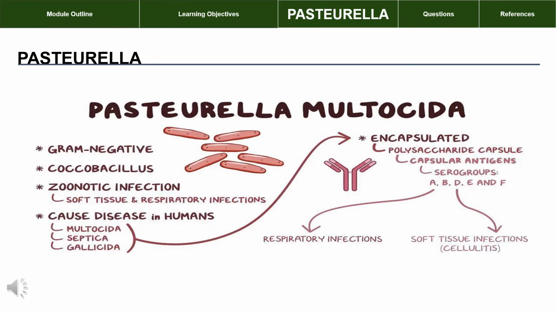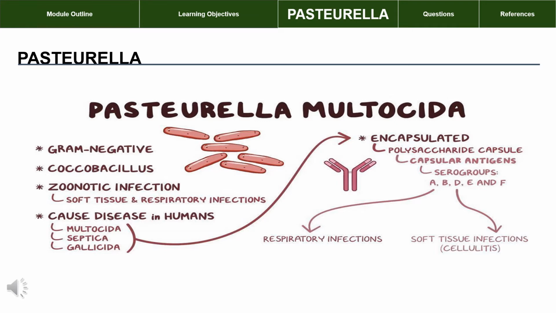This is a summary of Pasteurella multocida. It is gram-negative, it is a coccobacillus, it is a zoonotic infection affecting the soft tissue and the respiratory tract. It causes disease in humans as well. What causes the disease in humans are the three subspecies: Multocida, Septica, and Galicida.